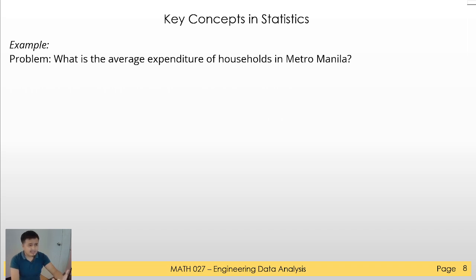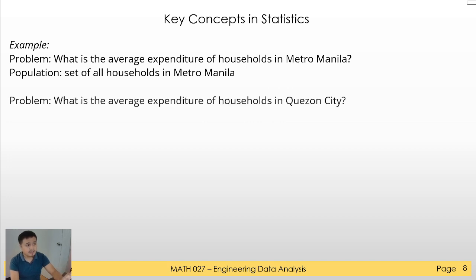So the population of interest with regard to this will be the set of households in Metro Manila only, since that is your research problem. Now, if we do this again, but in Quezon City, therefore the population will be all the households in Quezon City.